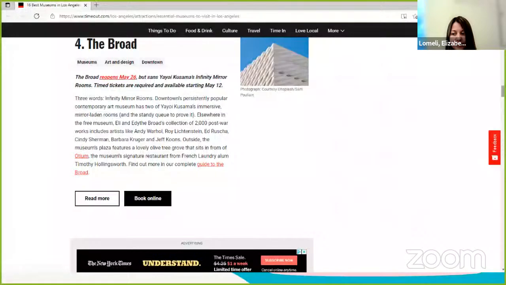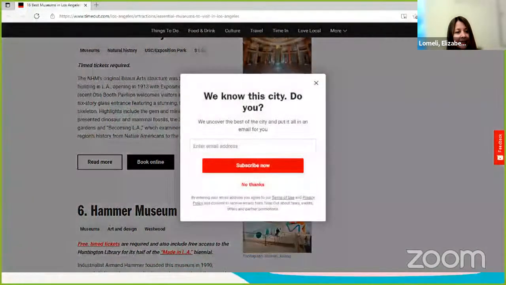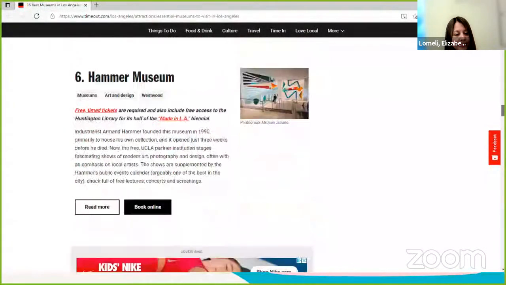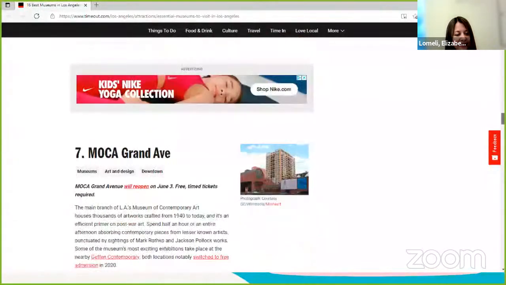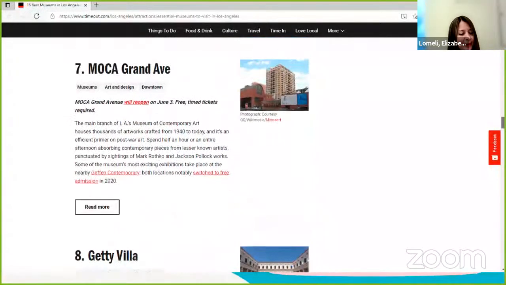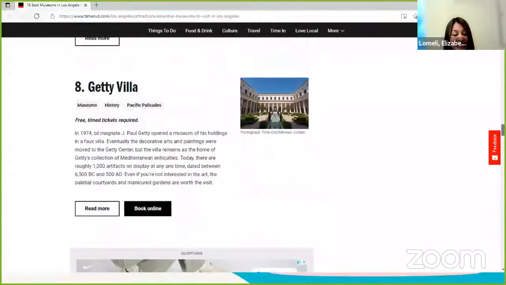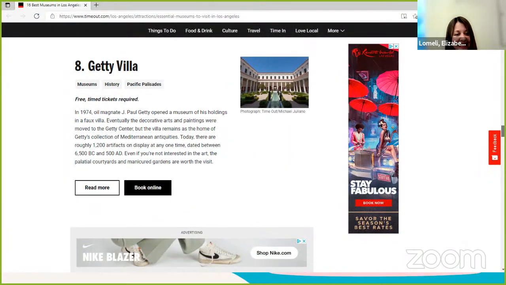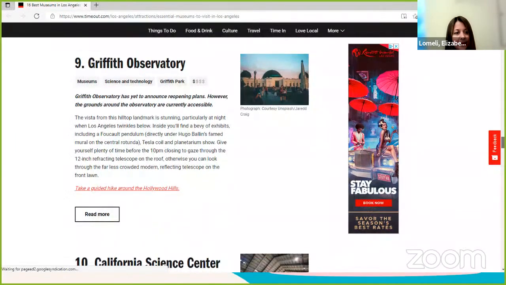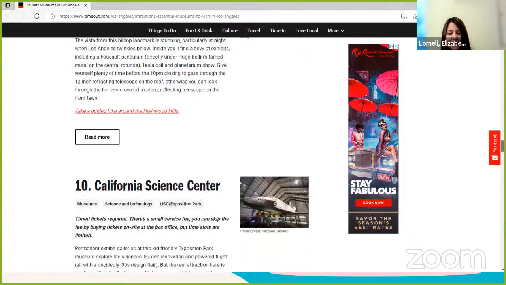Let's keep going. We can go quickly. The Natural History Museum, the Hammer Museum. Oh, beautiful. MoCA, the Museum of Contemporary Art. Getty Villa, right? In beautiful Los Angeles. Griffith Observatory. You get a great view of the sky there.